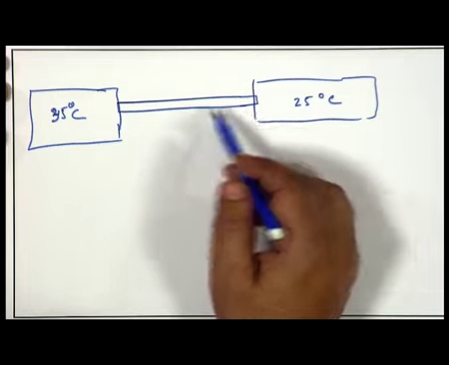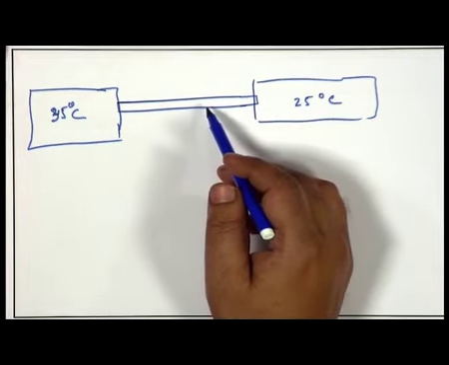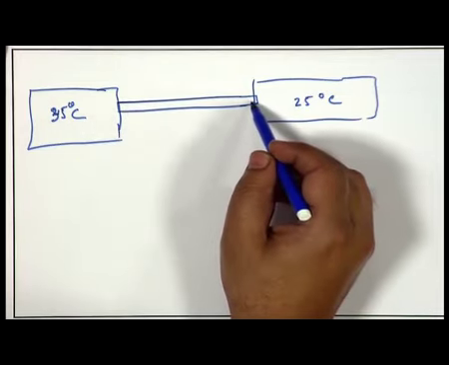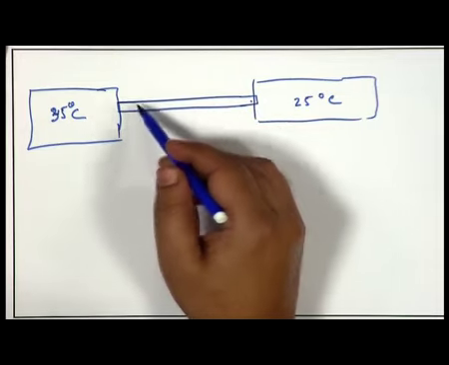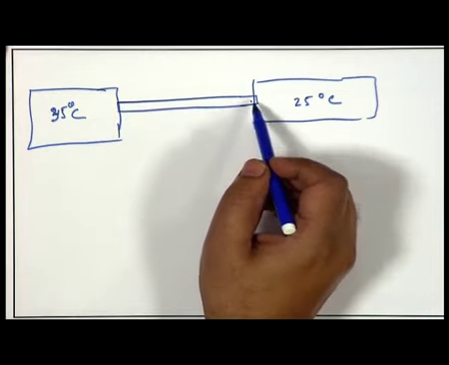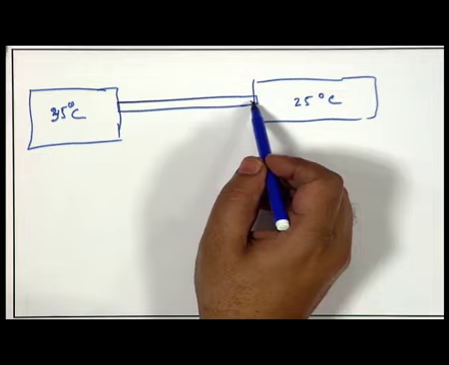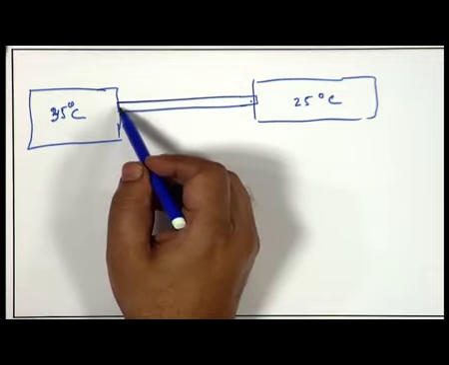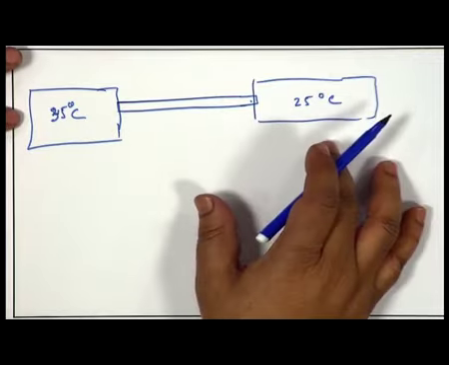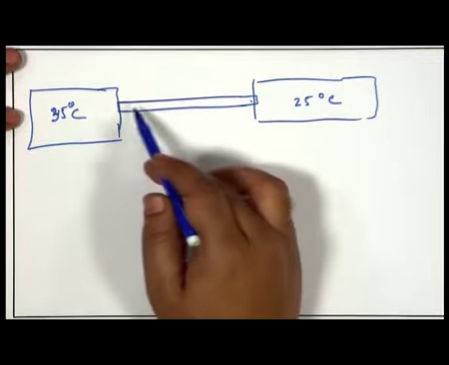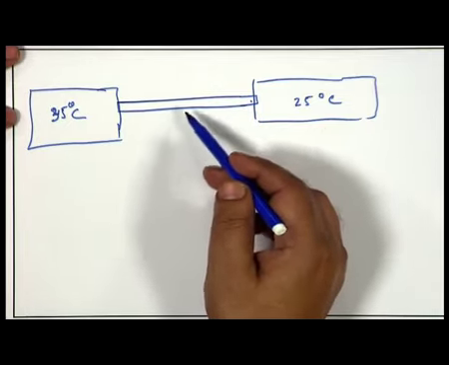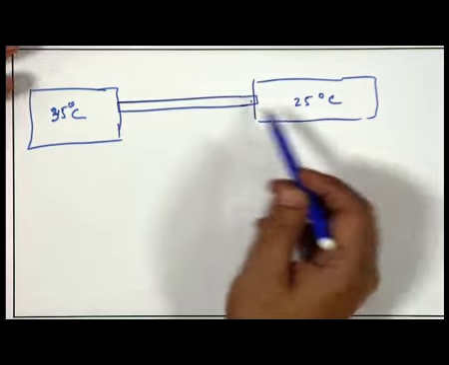Now, what will happen after some time? After enough time, what will be the temperature in this iron rod? This side would be 25 degrees and this side would be 35 degrees, and there will be a gradient of temperature increasing from 25 to 35 degrees centigrade, which will not change with time. If we keep this intact, there will be no change in temperature, and obviously the pressure and volume associated with this will not change either.